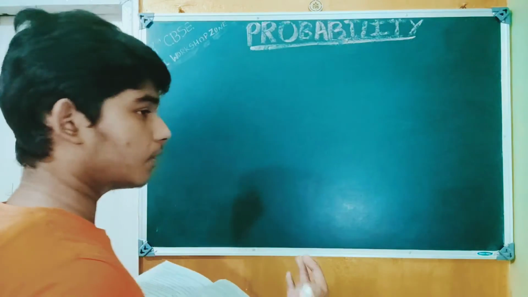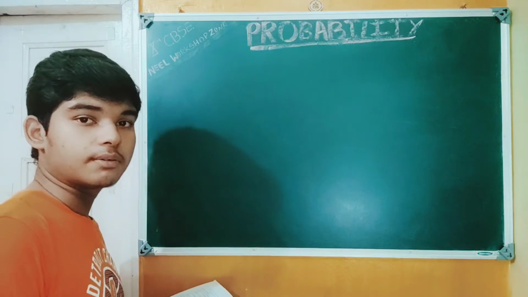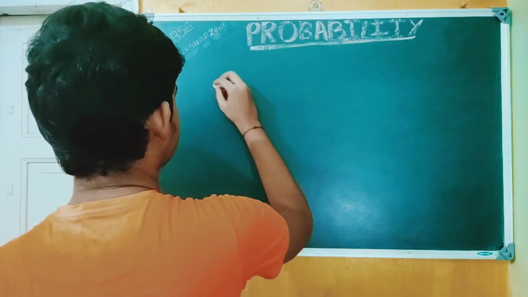Let us use the formula: the number of favorable outcomes divided by the total number of outcomes.